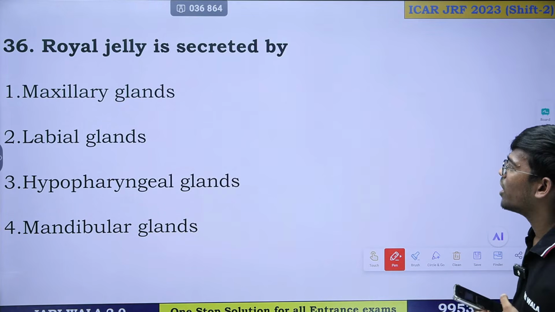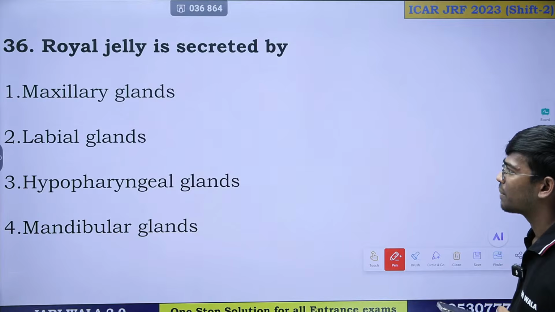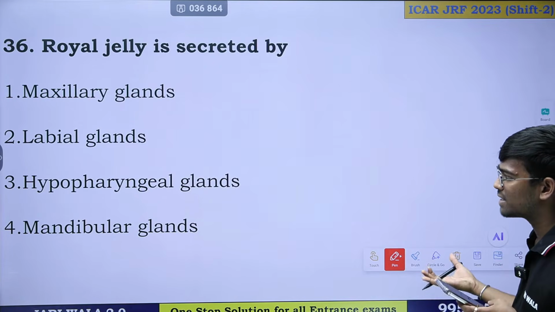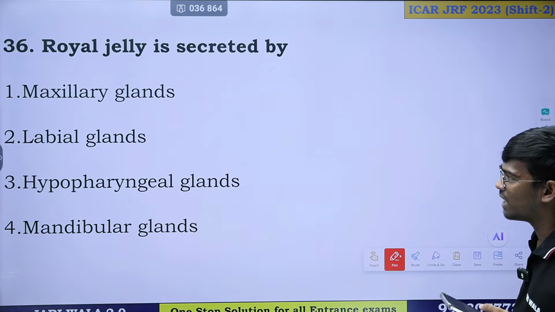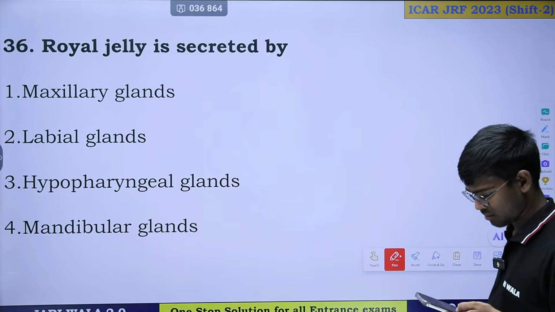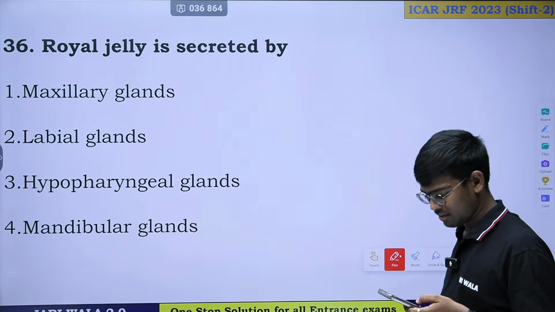And next, royal jelly is secreted by either the maxillary glands, labial glands, hypopharyngeal glands, or mandibular glands.